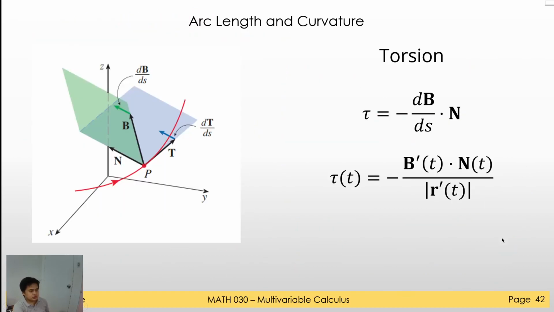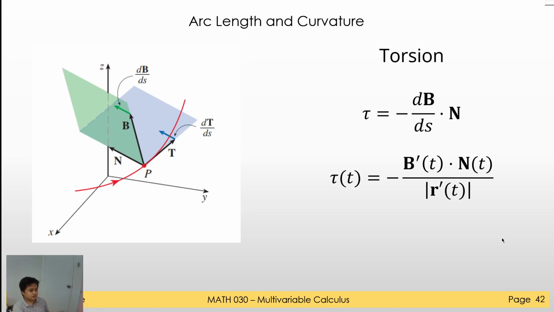Okay, that's all. So, the last topic for normal and binormal vectors is the torsion. So the torsion is another concept that is similar to curvature. If curvature is its deviation from the straight line, the torsion is the amount of twist. You can imagine how it twists through the binormal vector.